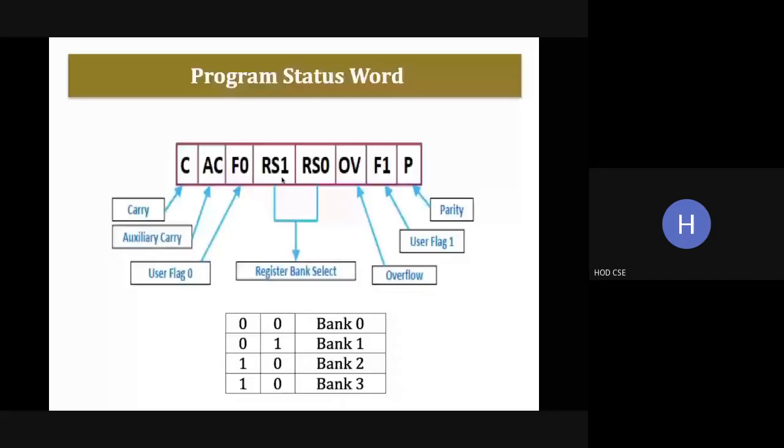To select among these 4 banks we use RS1 and RS0. If it is 0, 0, bank 0 will be selected. If it is 0, 1, bank 1 will be selected. 1, 0 means bank 2, and 1, 1 selects bank 3.